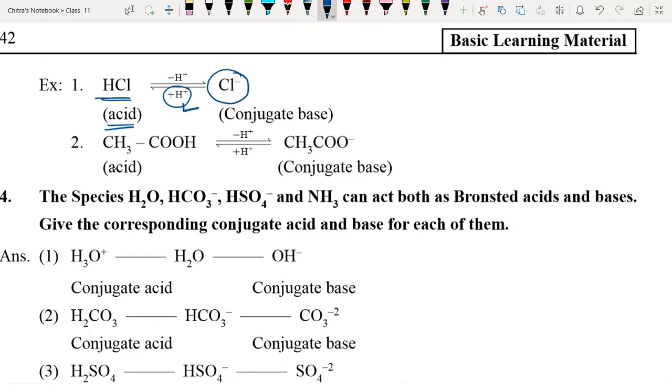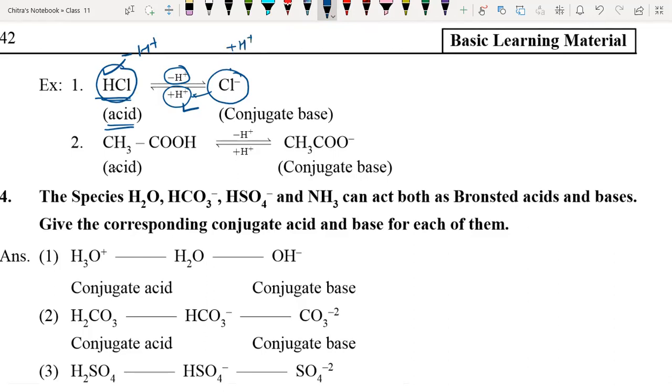But that Cl negative ion can accept H positive ion and form HCl back. So HCl is donating H positive ion and Cl negative is accepting H positive ion.